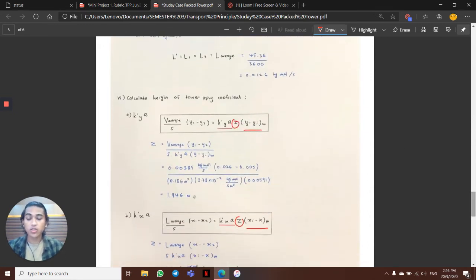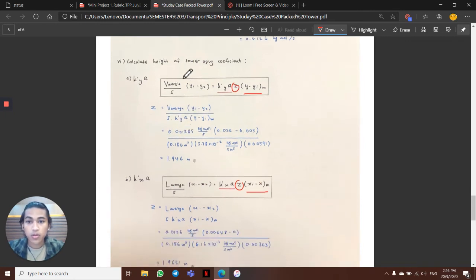Okay, so we already have all the information. All we have to do now is insert the values in the last formula of the calculation. We start with k prime ya. This is the formula: V average over S, which is the cross-sectional area, times y1 minus y2 equals k prime ya, which is the mass transfer coefficient.